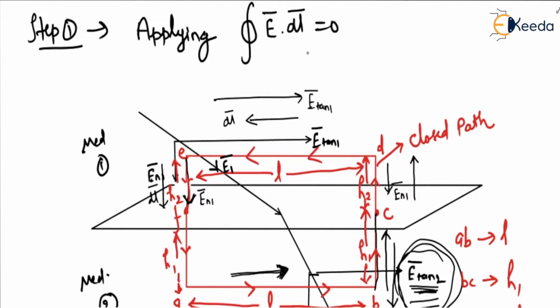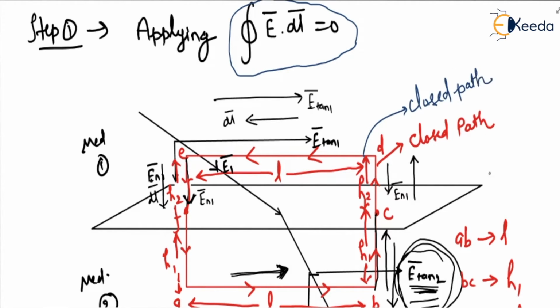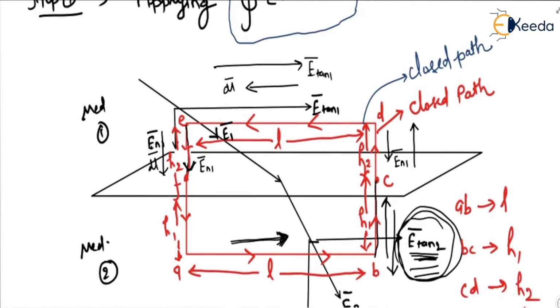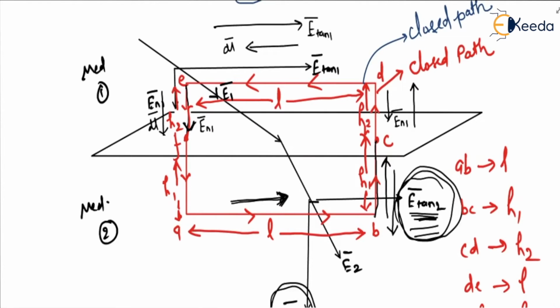Now we are applying the rule that the circulation of electric field is 0, or the line integration of electric field in a closed path is 0. So this is our closed path, which we have assumed, and the closed path is rectangular. It is ABCDEFA.